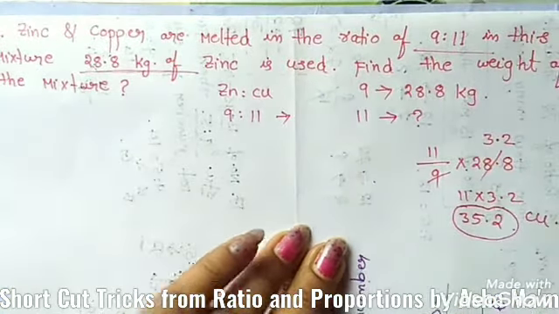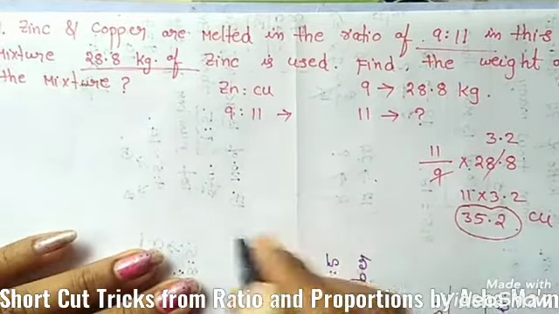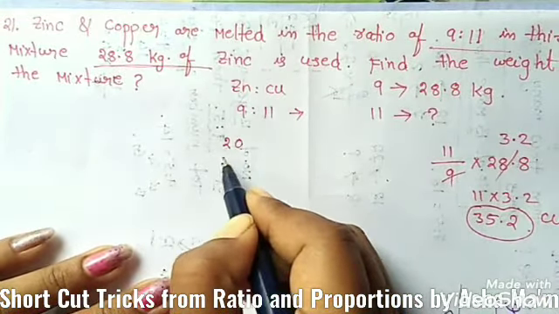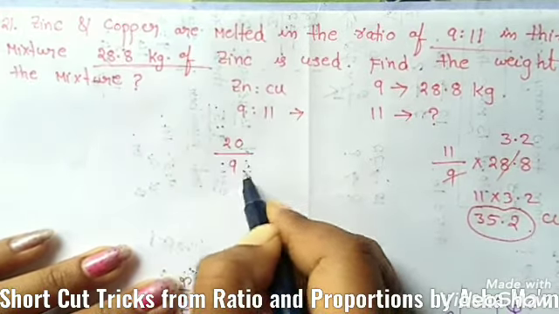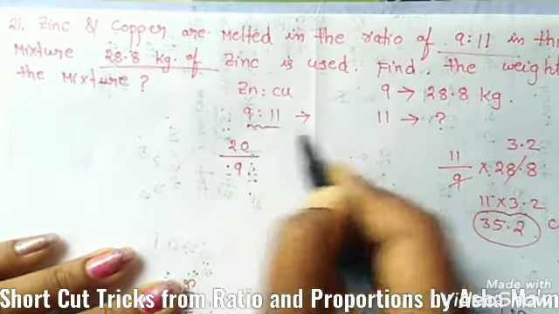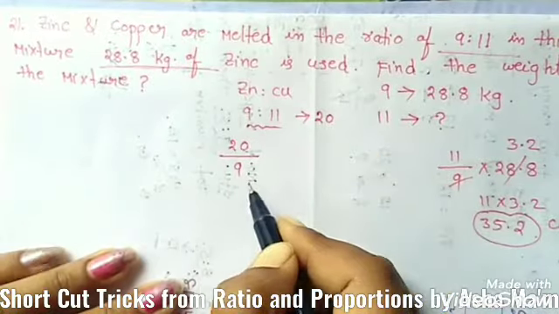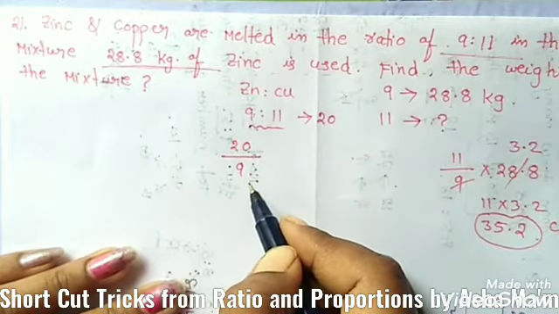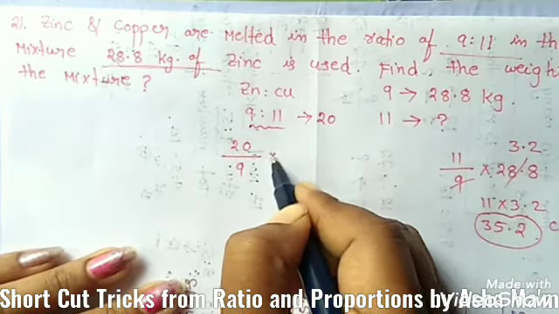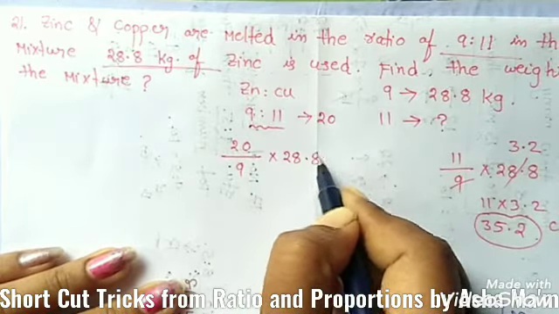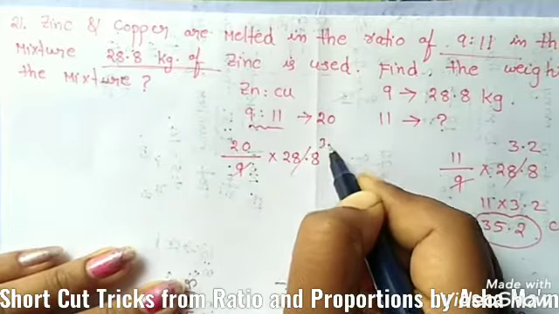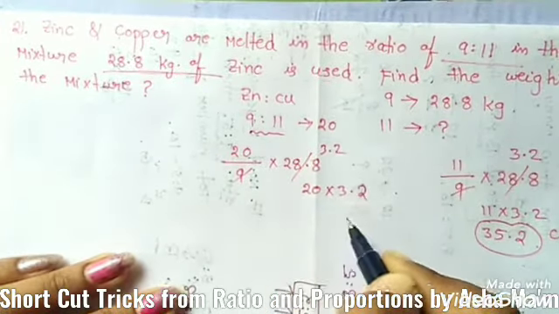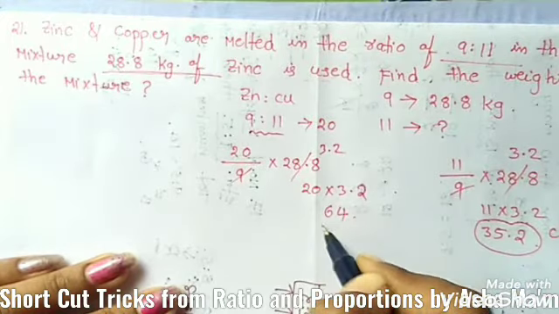Weight of copper. Now 20 by 9. Why? Because this ratio is 20 by 9. If you need to calculate the total weight, 20 by 9 into 28.8. So in this, 3.2 times, now 20 into 3.2, that should be 64.